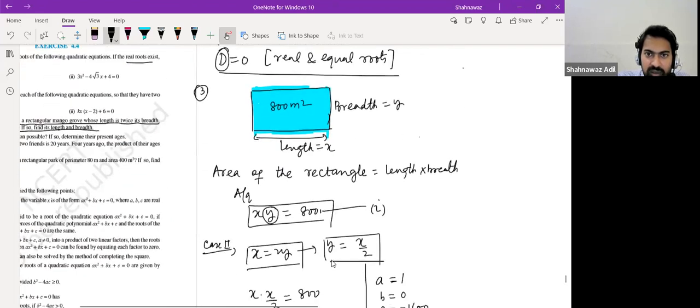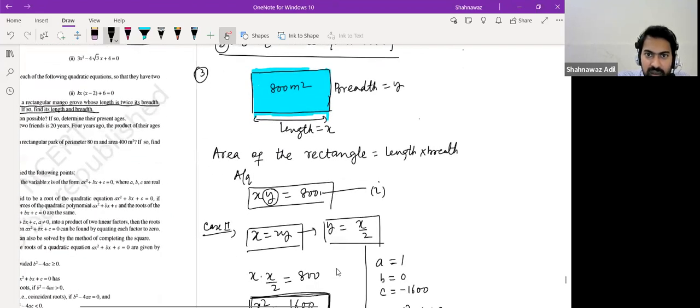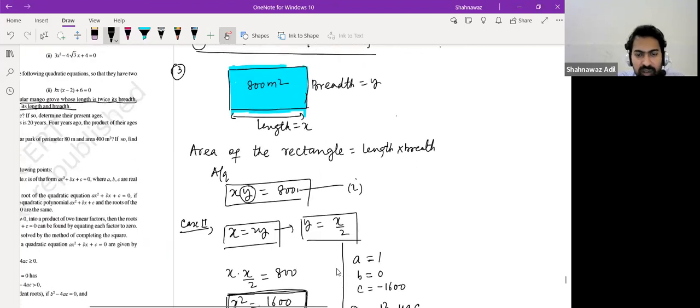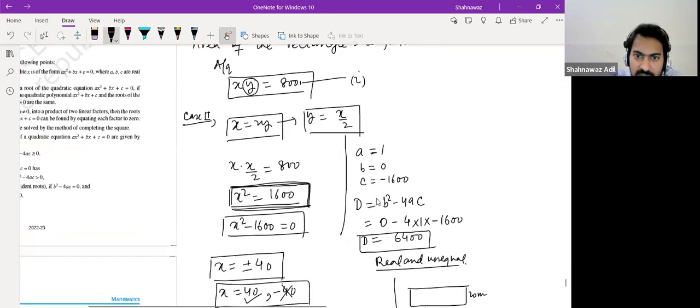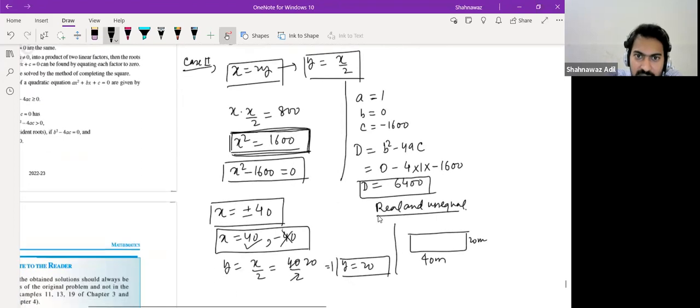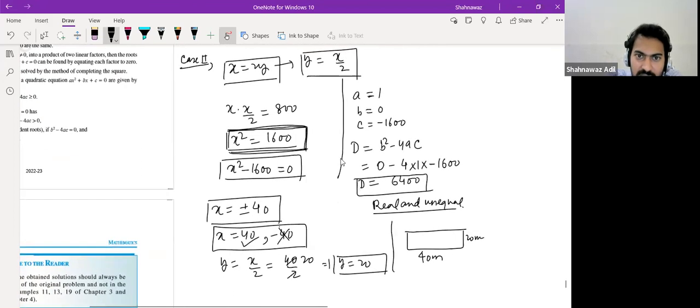So in my school, we did in another way. So how did they approach this question? What did they solve? When 2x squared is equal to 800. We took length into breadth.